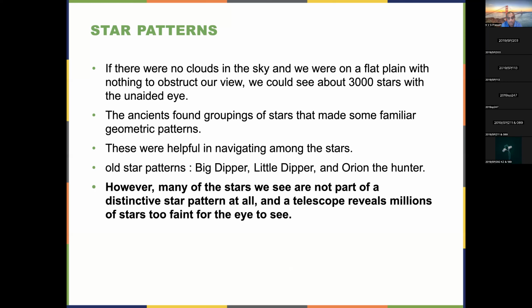So like that, they have these star patterns on the sky, right? The primary use they had for these star patterns is that they were very helpful in navigating among the stars. Once you identify these patterns on the sky, it makes it a lot easier to locate objects, right? So that is one of the main advantages we have as astronomers.